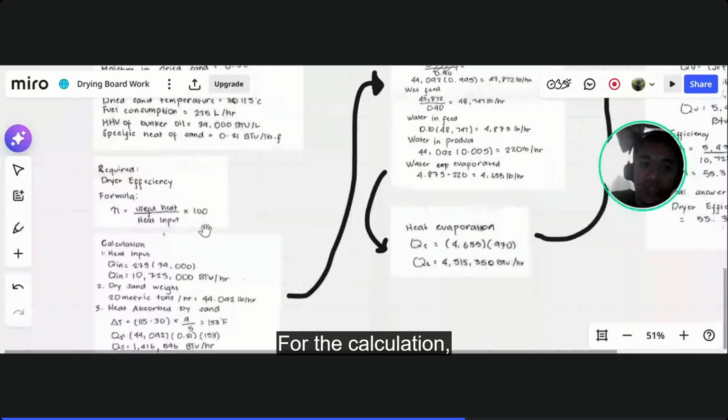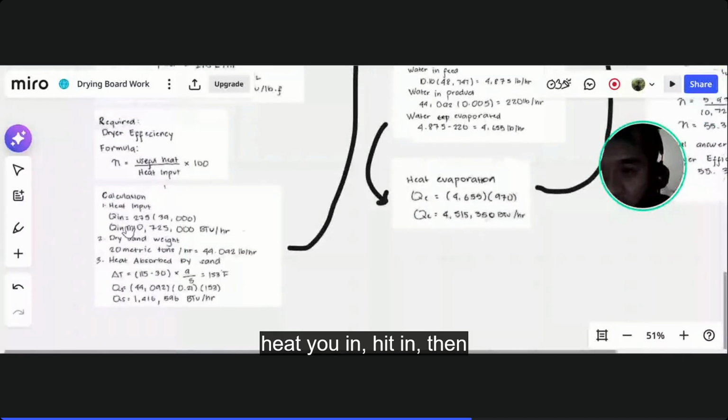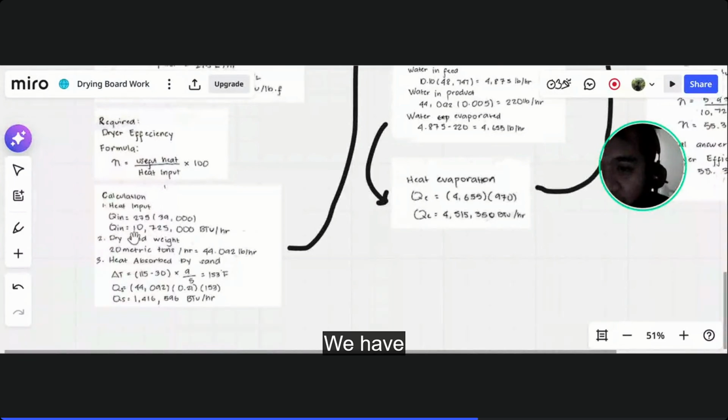For the calculation, heat input, Q in, is 275 times 39,000, and we have an answer of 10,725,000 BTU per hour. For number two, we have dried sand weight.